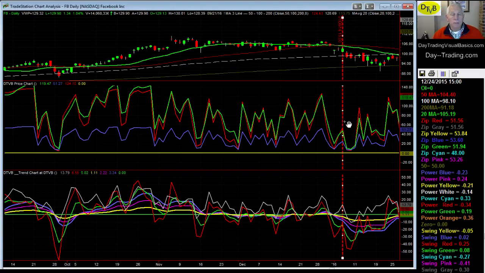Price red and green are pretty fast movers, and so even though we have a nice green candle, there's a force inside of the market that you can't see except when you have something like these sensitive indicators, because they don't go up. The price red and green only, they stopped at near 50.